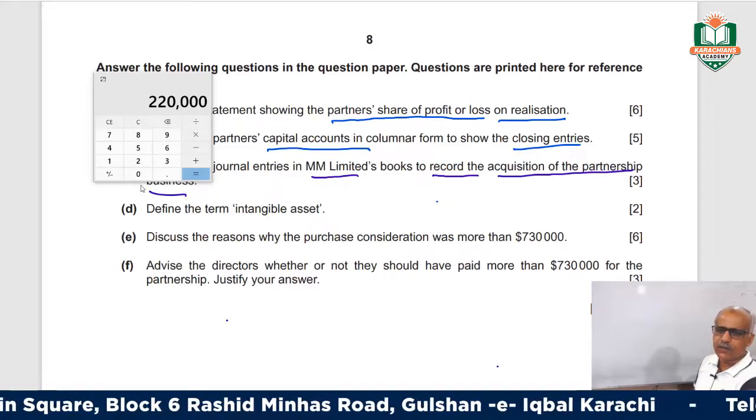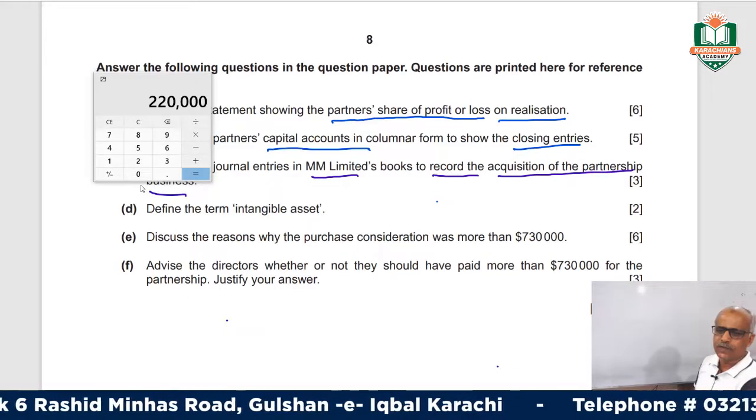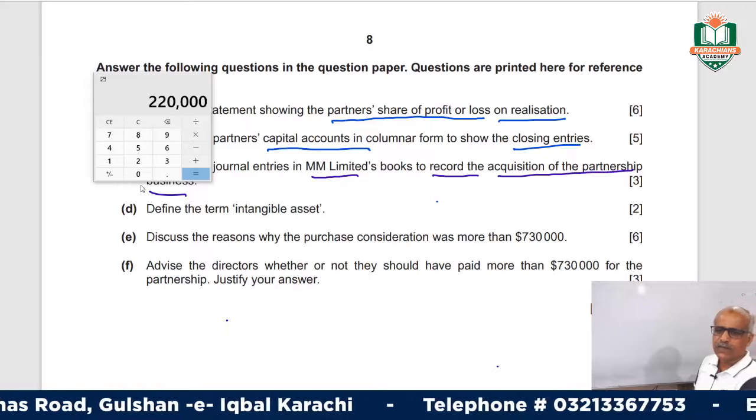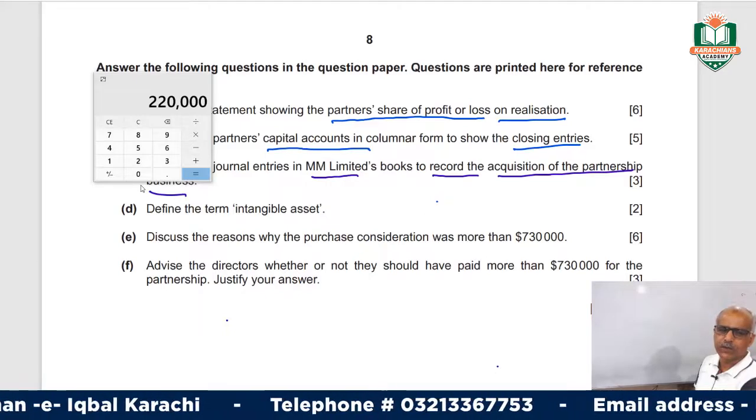Advise the directors whether or not they should have paid more than 730,000 for the partnership. Justify your answer.